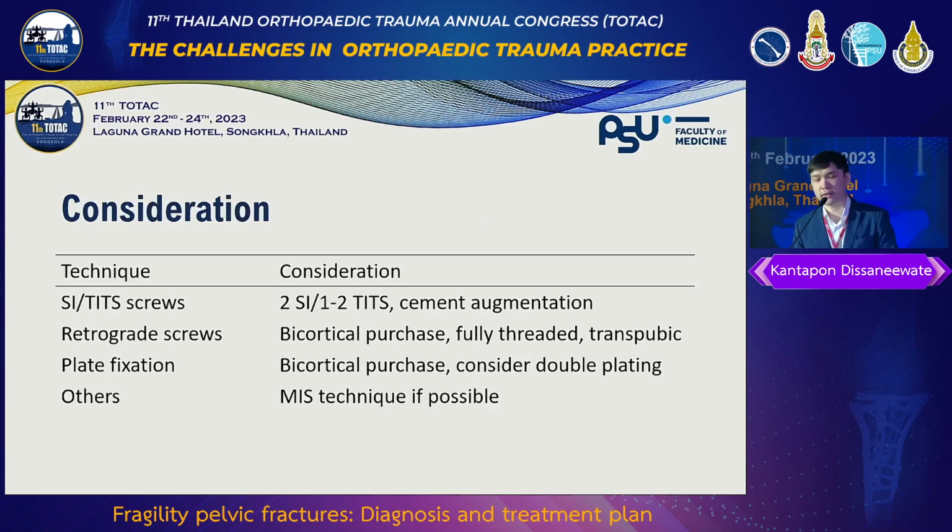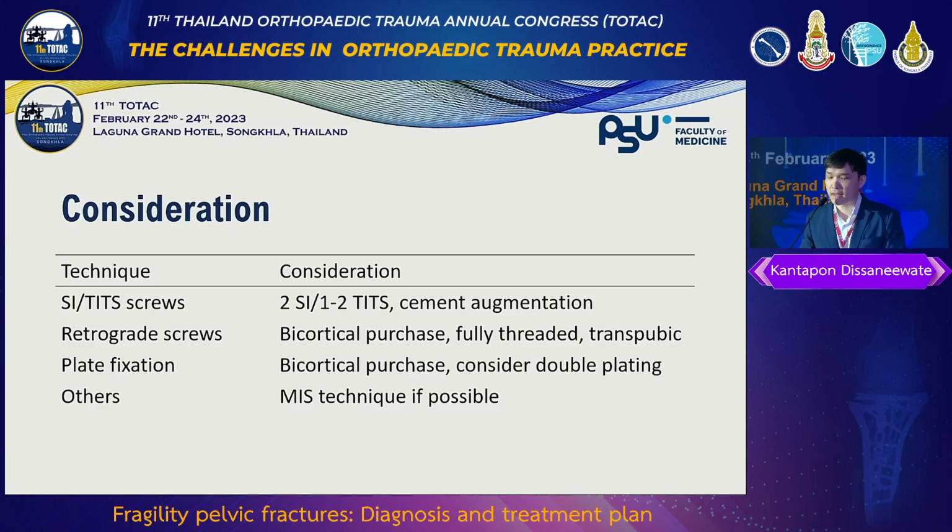The consideration for each technique is that if you perform SI screws, at least 2 SI screws should be placed. But if you choose the TITS screw, you can do 1 or 2 screws. Some studies also report the use of cement augmentation, but I do not have any experience with it.